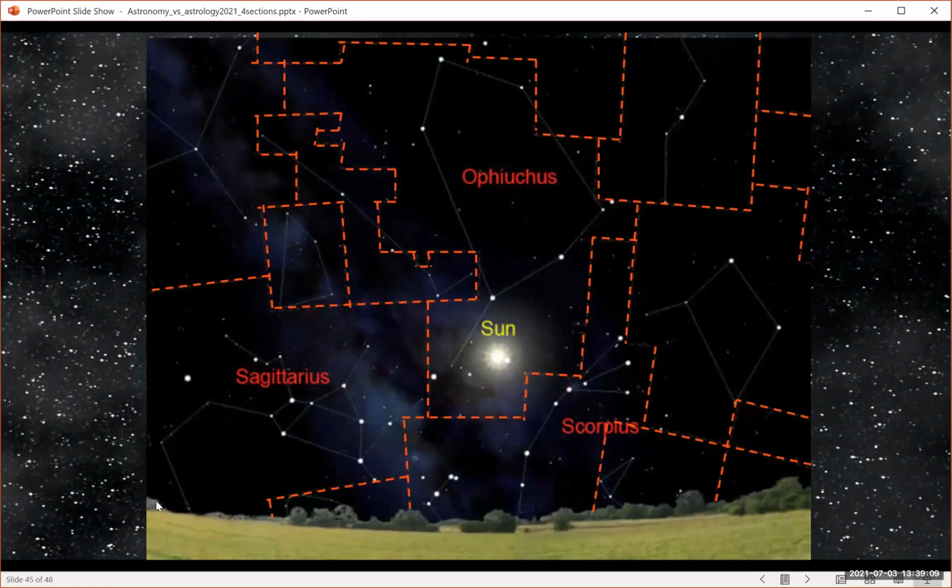Just to show this in a little more detail, here's the ground, the horizon, here's Scorpio, here's Sagittarius, here's Ophiuchus, and the sun's path is going to take it from Scorpio to Sagittarius, but it's going to go through this little bit of Ophiuchus down here. Because we defined Ophiuchus as coming all the way down here, instead of Sagittarius straight from Scorpio, the sun will appear in this constellation every time we go around the sun. That means there's now a 13th zodiac constellation that nobody's ever heard of.